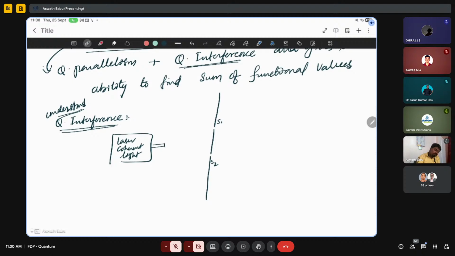Now the light from here goes through, let's say it is diverging. The light goes through this slit, and that light of the slit S1 acts like its own source, slit S2 acts like its own source, like two individual lasers. Now there is a screen at this point.